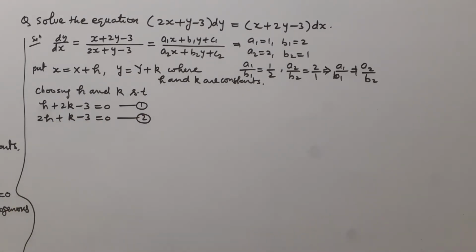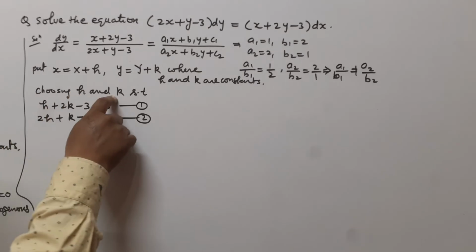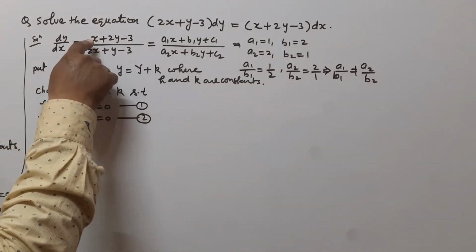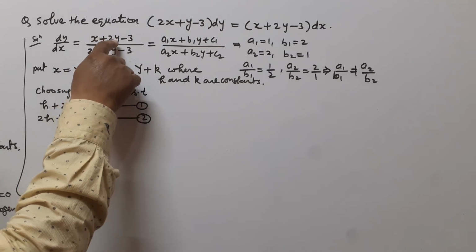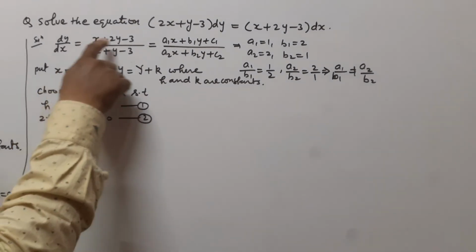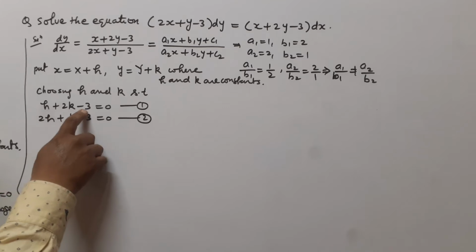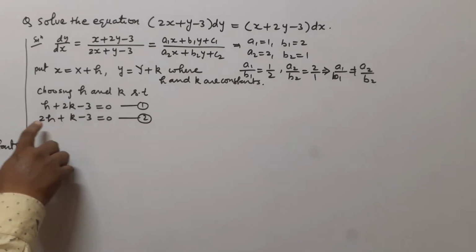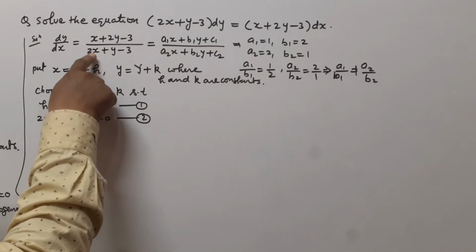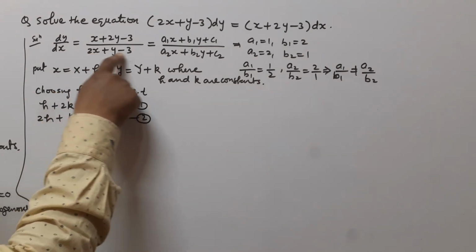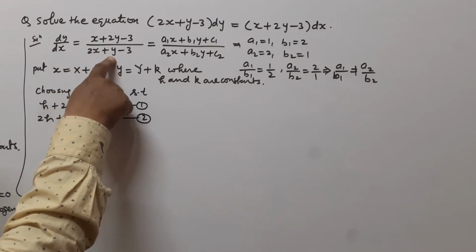Here we choose the constants h and k such that in the numerator, in place of x we put h and in place of y we put k. So it is h plus 2k minus 3 equal to 0, and the second equation is obtained by putting x equal to h and y equal to k in the denominator.